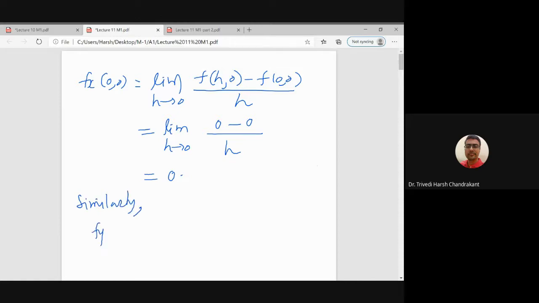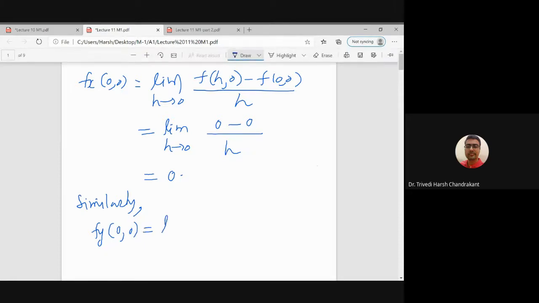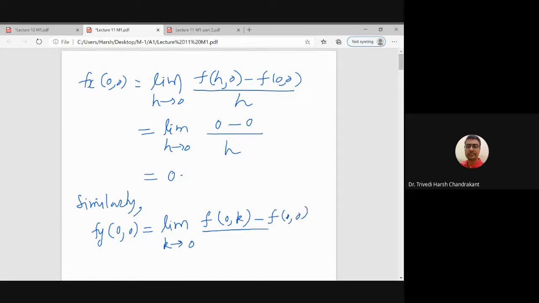Similarly, we can check the partial derivative with respect to y at the origin. By definition it is the limit as k approaches 0 of f(0,k) minus f(0,0), divided by k.